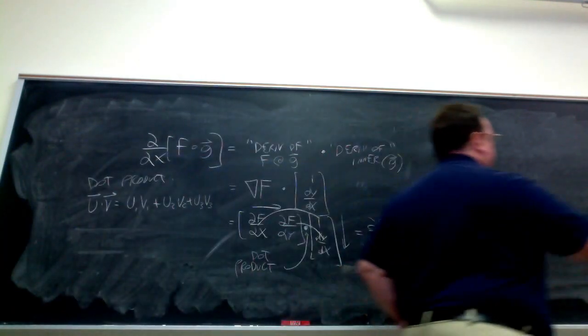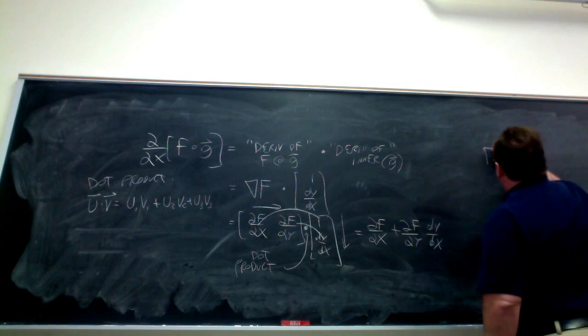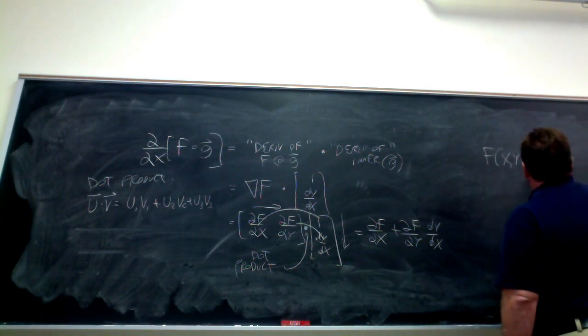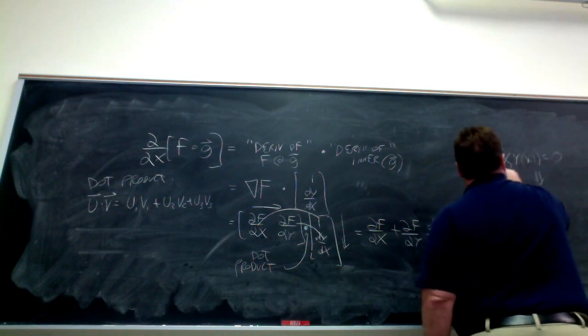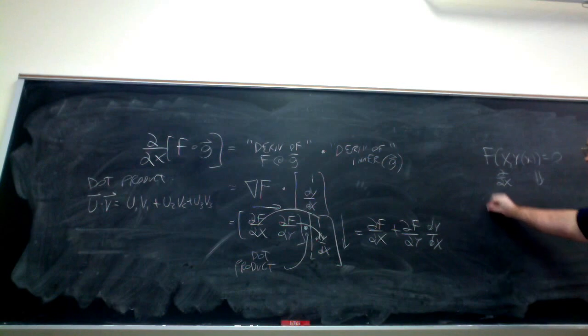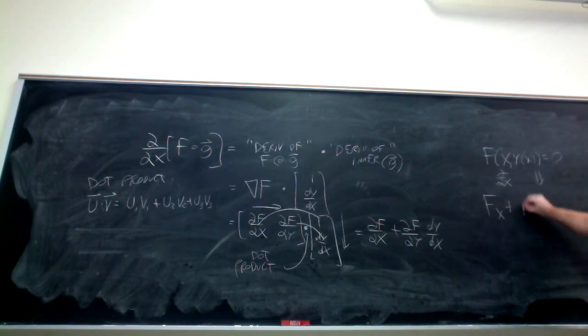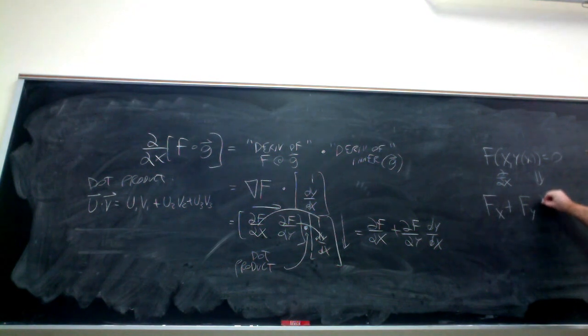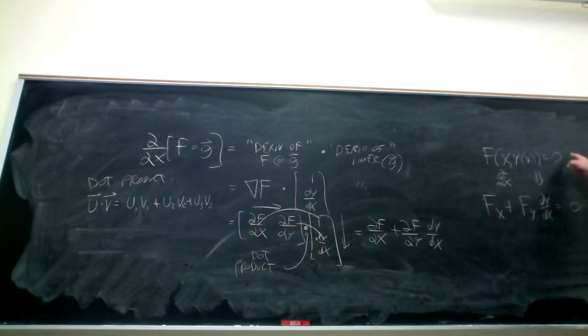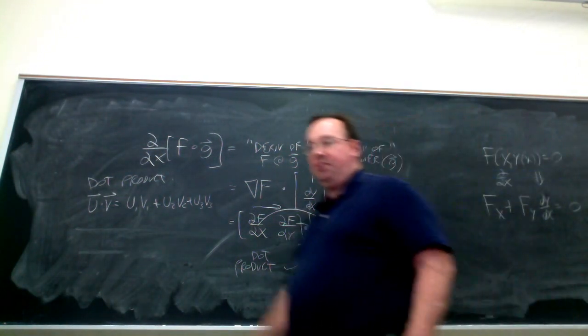So if we go back to the original equation, big F of x, y of x equals 0, I take a derivative of both sides with respect to x, and this is what I get. Partial of f with respect to x plus partial of f with respect to y times dy/dx. And then differentiating the right side, 0 gives us just 0.